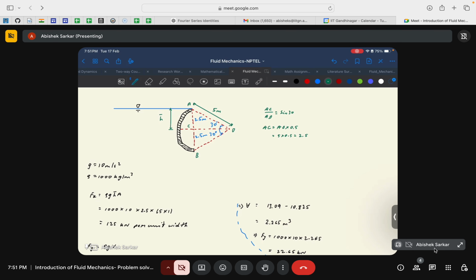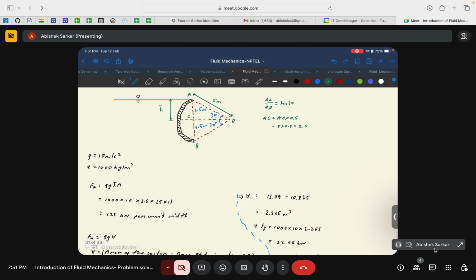So if this is 2.5, this is again from symmetry 2.5, so 2.5 plus 2.5, so AB is 5, so you know that the area would be 5 times 1. Again, h bar would be the distance from the free surface to the center, so again this would be 2.5. So rho is 1000, g is 10.